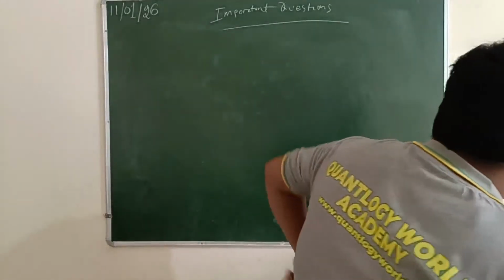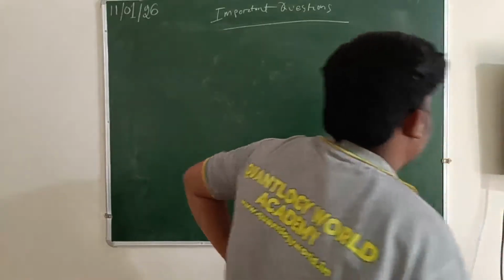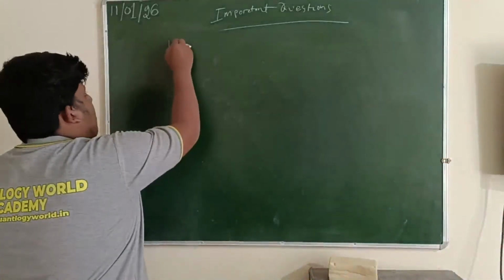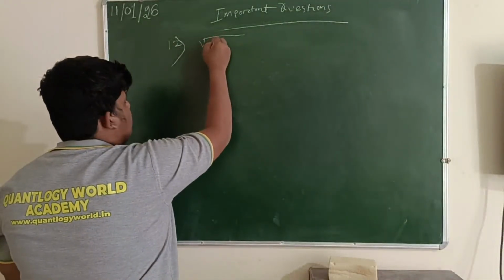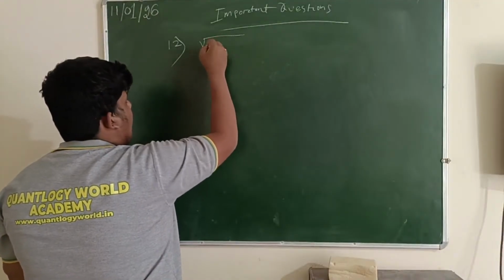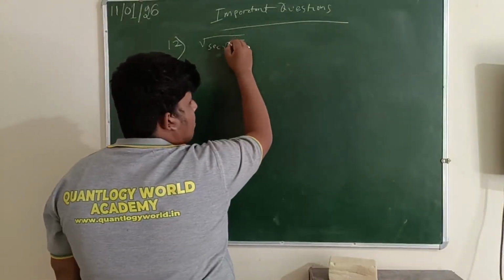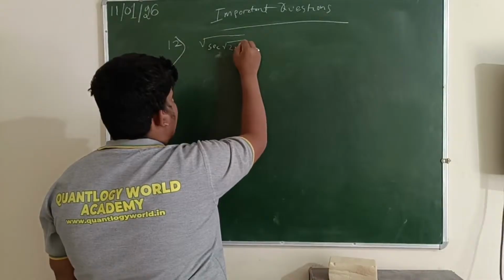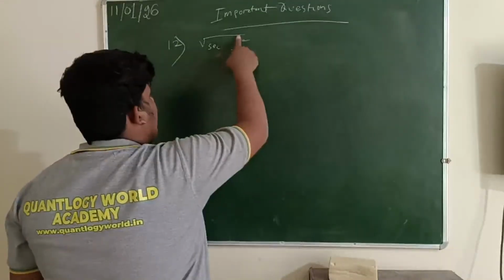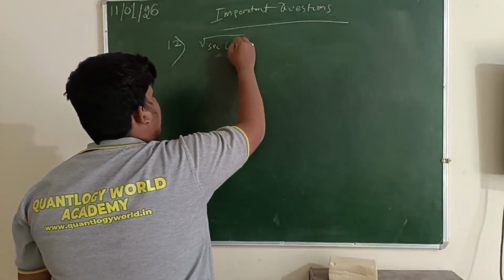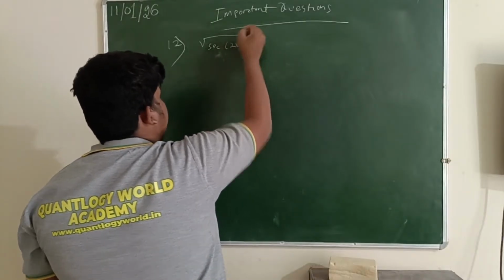We'll move to the next question. The 12th question is root over of sec 2x plus 1.